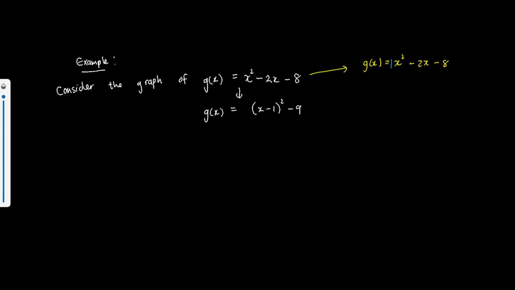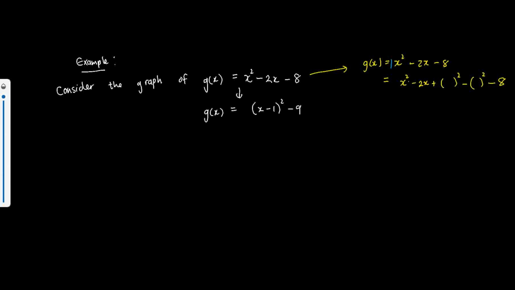Let's say the coefficient of x squared was 2. I would factor out 2 from this trinomial. In this case it's 1, so it's fine. So I'll say x squared minus 2x plus something squared minus something squared. It's called completing the square, and of course we drop down the negative 8.